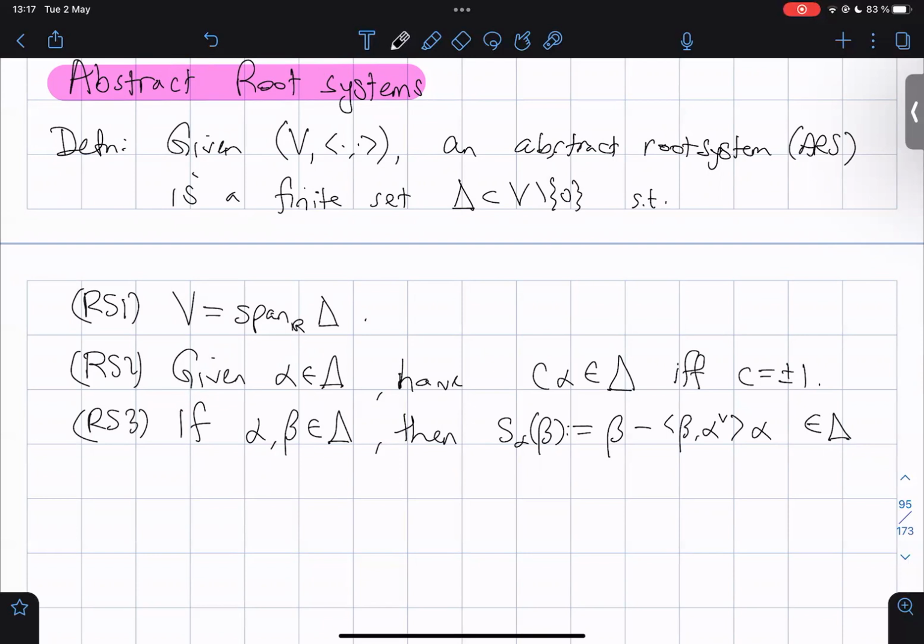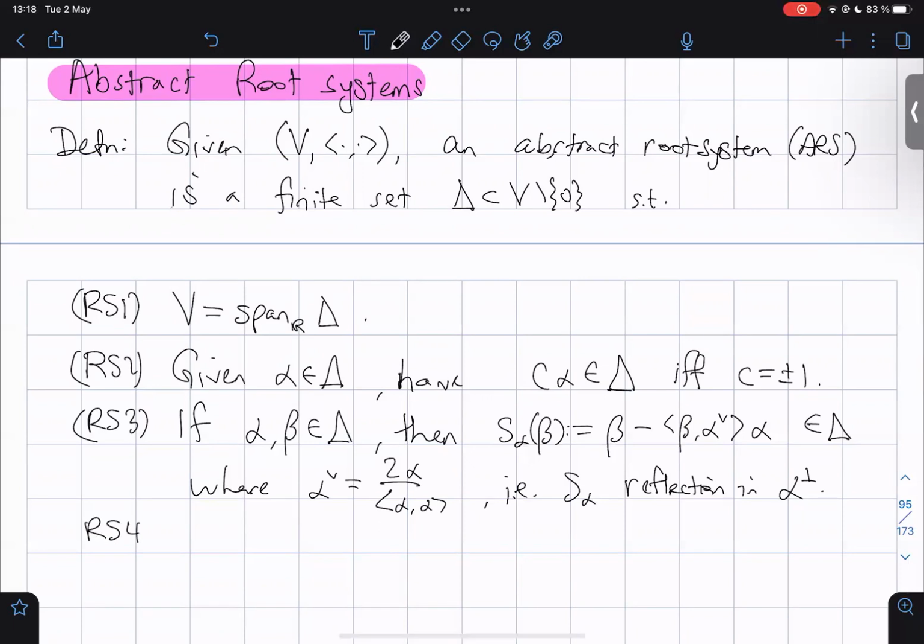So the set of roots delta is invariant under these root reflections, where alpha check is the usual formula, and we call this S alpha, the reflection in alpha. So a bunch of roots that are invariant under root reflections.